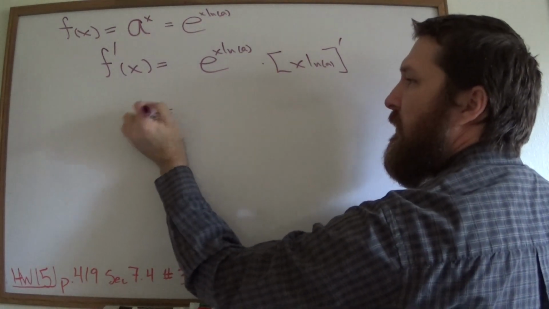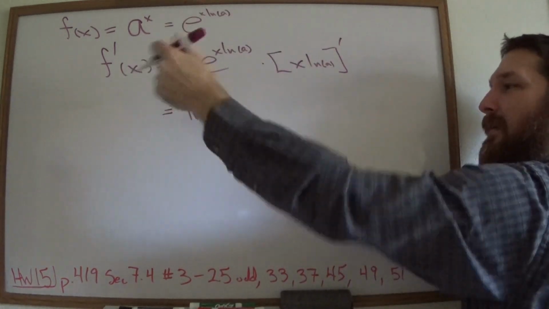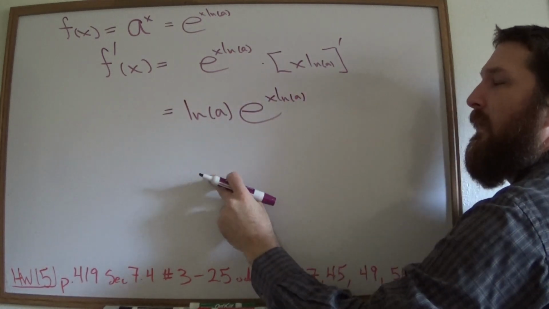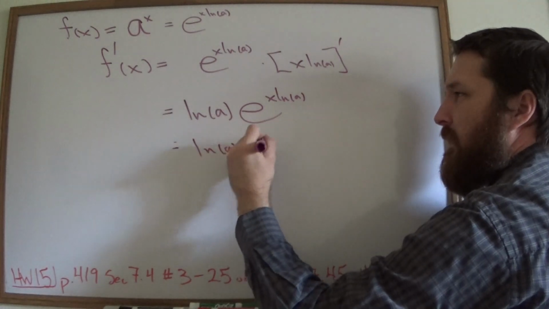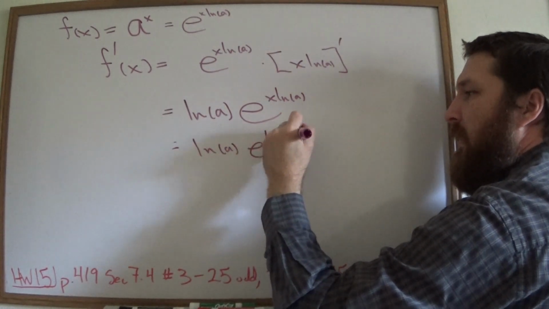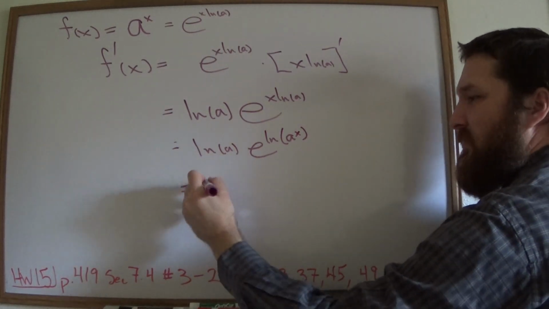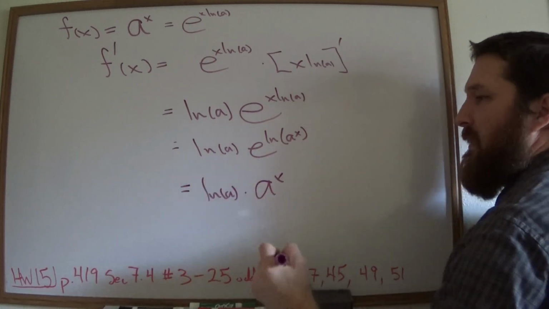And so, I'm going to write my constant out in front, and we get e to the x log a. But that's the same thing as e to the log a, to the x. What's e to the log of stuff? A to the x. That's just a to the x, so natural log a times a to the x.